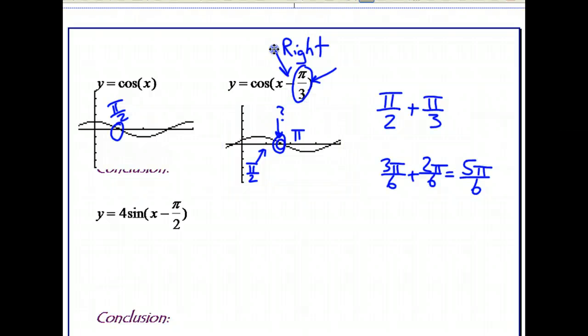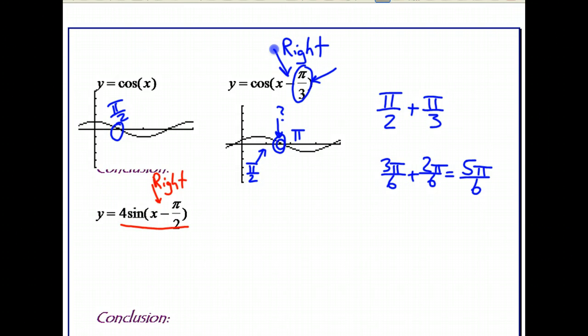Now, if we were to look at this problem down here, this third one, let's just talk about what's going to happen. We don't need to graph it because we've already learned all these things. We're smart enough to know. If we have a minus here, which way is that going to be? That's going to be to the right. And how much is it getting shifted to the right?